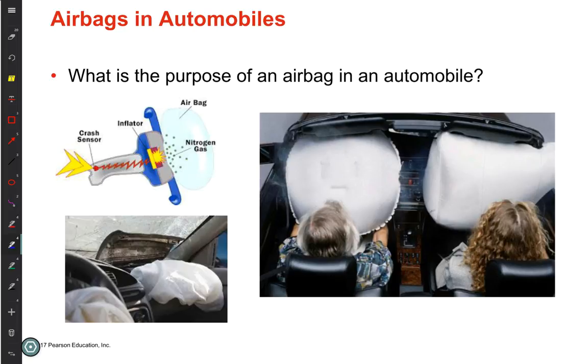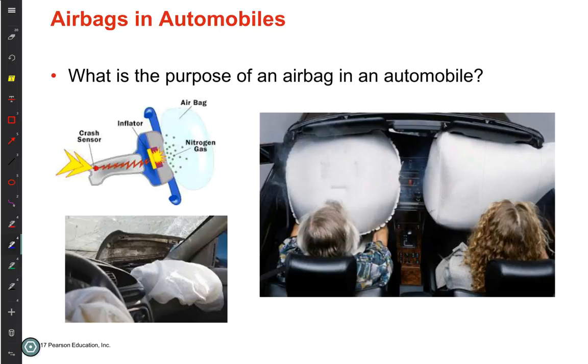When it detects that your car has had a collision, which according to internet videos could be if an old lady you're honking your horn at hits your bumper with her purse, I don't know if you guys have seen that, you have an explosive that causes a rapid expansion of air and blows a balloon out at you.